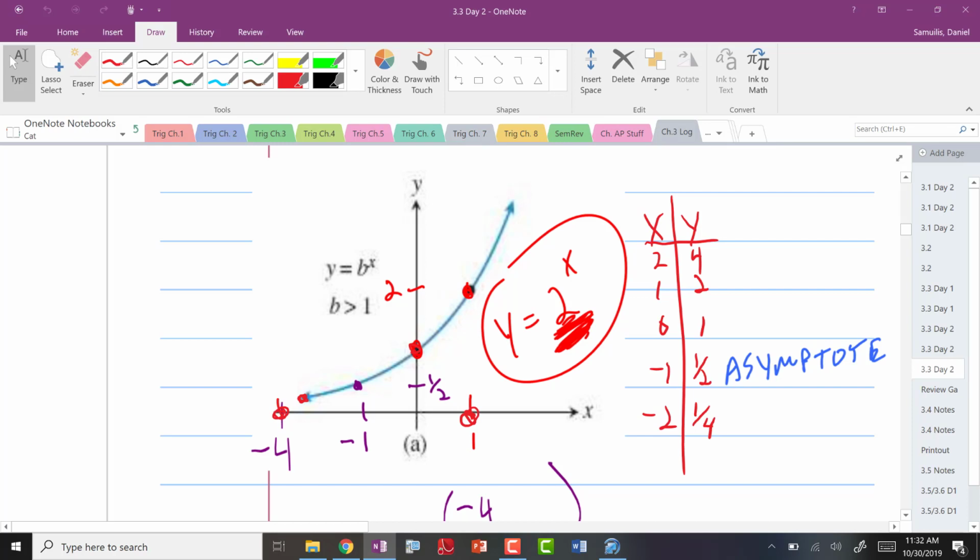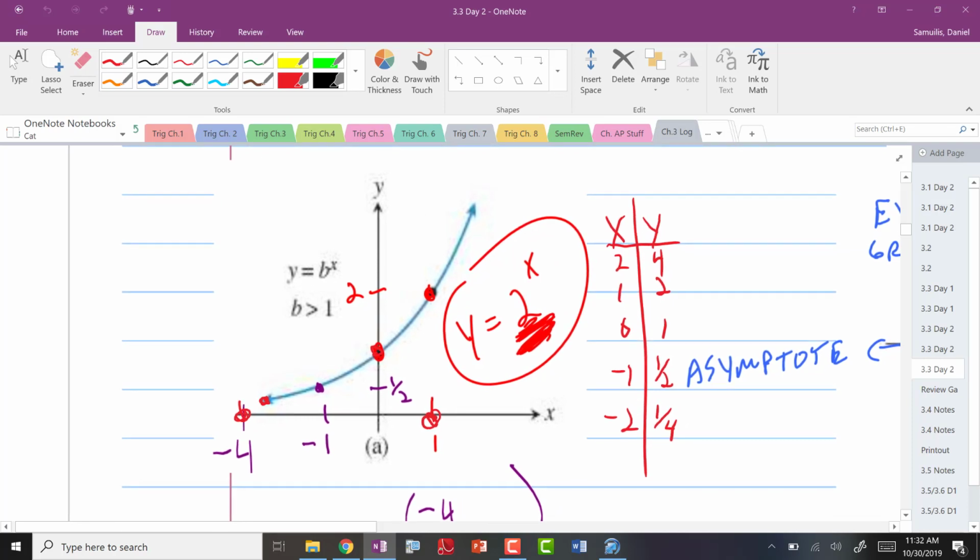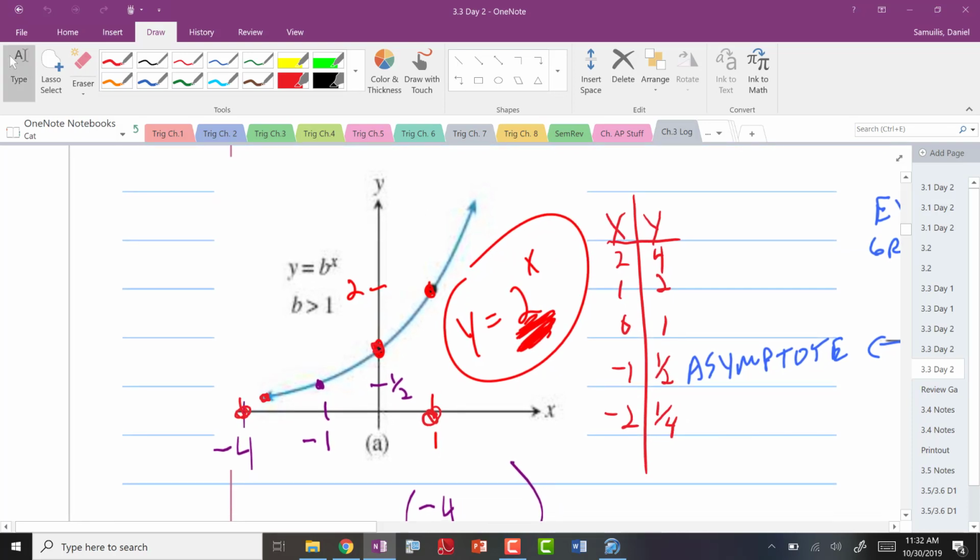When I say inverse, you say, stop saying outverse. Switch x and y. Okay, so what's the inverse of y equals 2 to the x? Well, you'd have to switch x and y and turn it into x equals 2 to the y. You got me? Then change it to a logarithm.